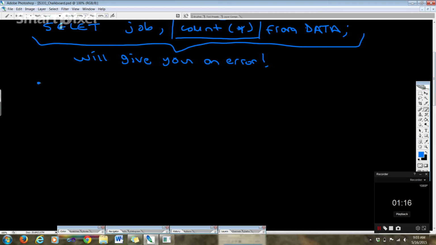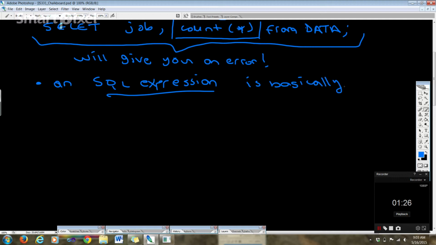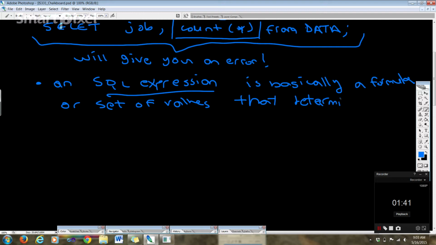So, moving forward, an SQL expression is basically a formula or set of values that determines the exact results of an SQL query.